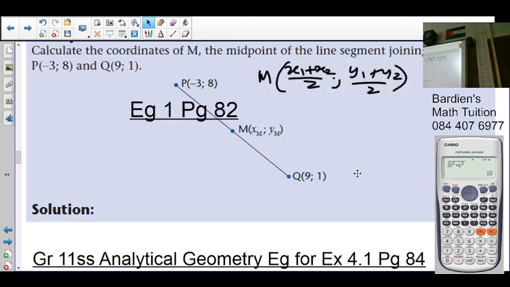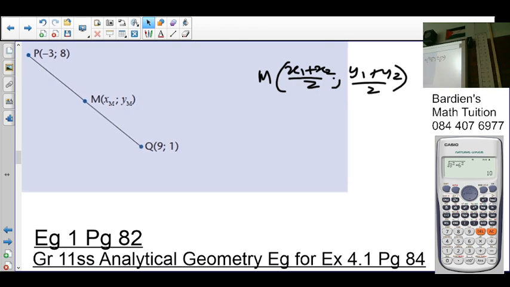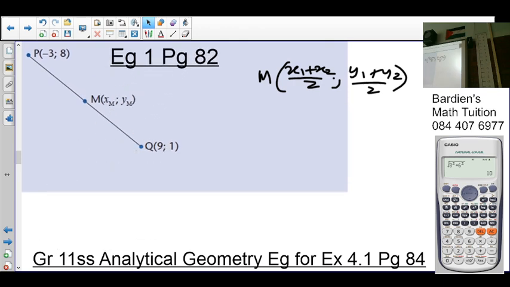The question says calculate the coordinates of M, the midpoint of the line segment joining the points P, which is negative 3 and 8, and Q, which is 9 and 1. So where do we start, people? We start with a formula. The midpoint formula is (x1 plus x2) over 2, (y1 plus y2) over 2.